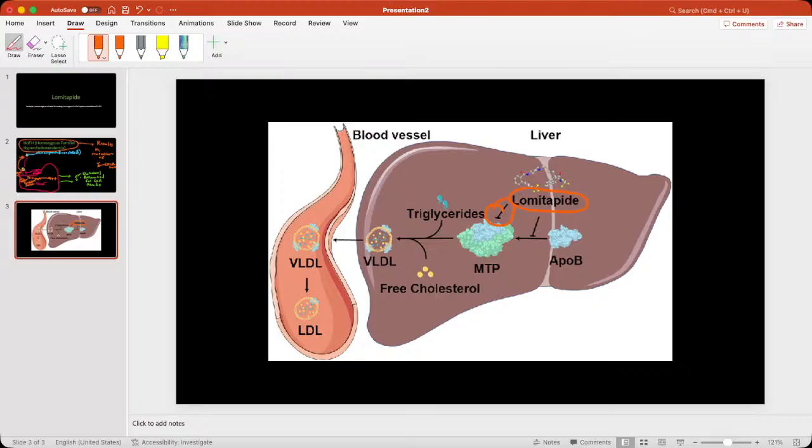MTP is how the formation of the VLDL occurs, and so it prevents that formation of the VLDL so it doesn't get converted into LDL eventually. And so it's just a way of using it to help lower the bad cholesterol levels in the blood. So that's essentially what it is.